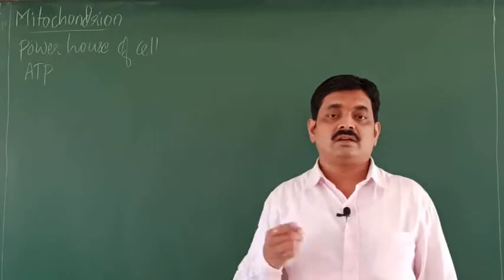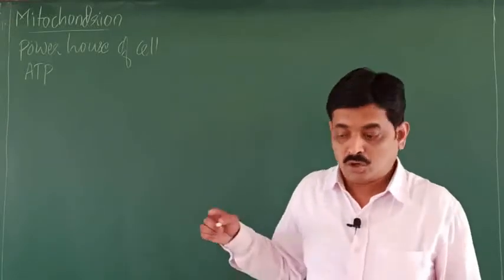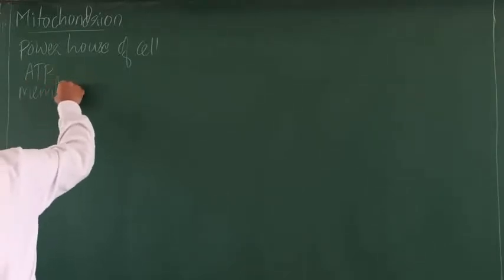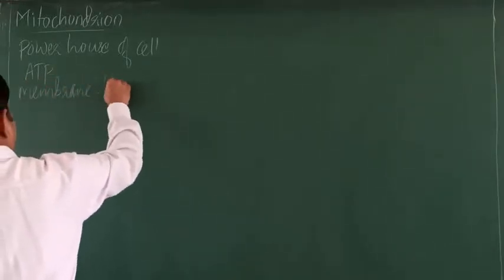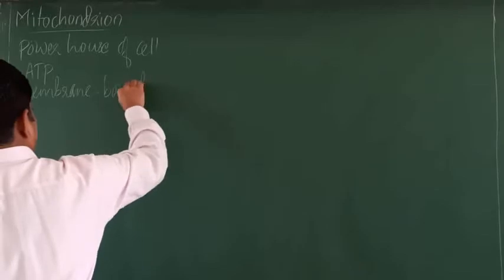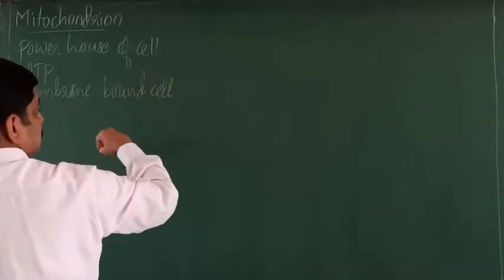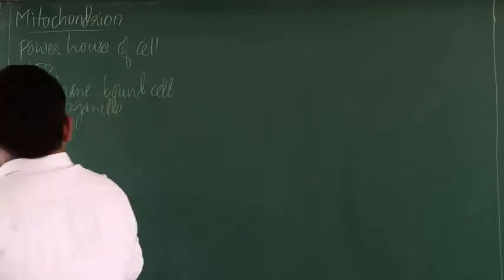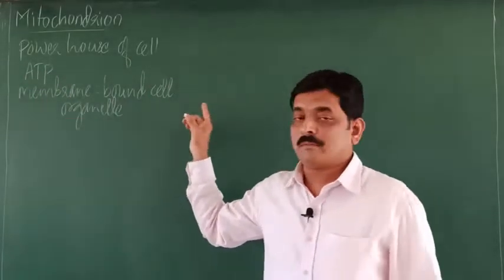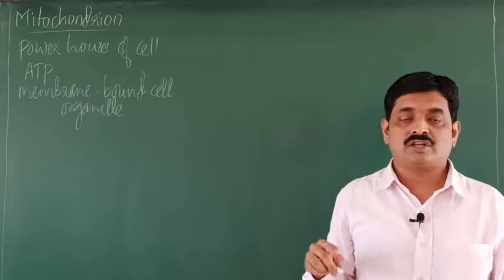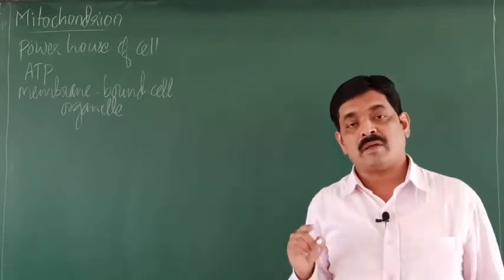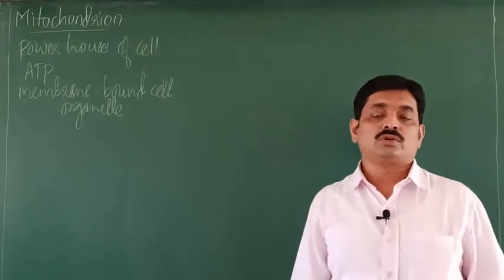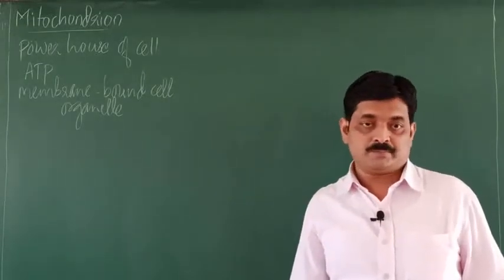So this is another membrane bound cell organelle. So mitochondria is another membrane bound cell organelle because it is having a well defined membrane. Now this is found in the eukaryotic cells, right?